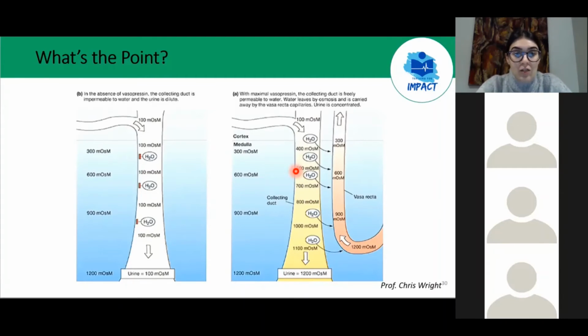But when we have really hypertonic plasma and need more water to dilute it, we want to get all the water that we can. Because we have that hyperosmotic medulla, we're able to make water move out of the collecting tubule really quickly and produce really concentrated urine, because we're holding on to all of the water.